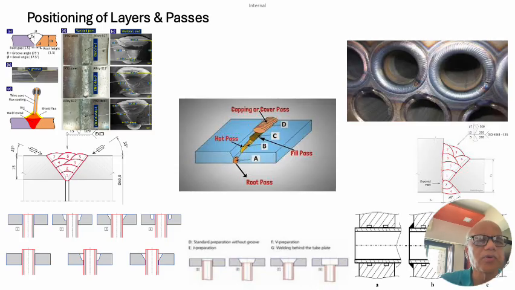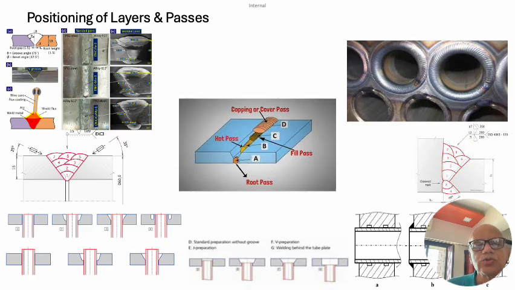But see here the type of joints. For a butt joint we have 1, 2, 3, 4, 5, 6, 7 layers that have been done here. Now if you are depositing 1 and 2, your original edge preparation you started with is almost intact. However, the profile of this first layer should not be very concave or convex, it should be as flat as possible so that layer 2 can be deposited very well without any imperfections at these corners.